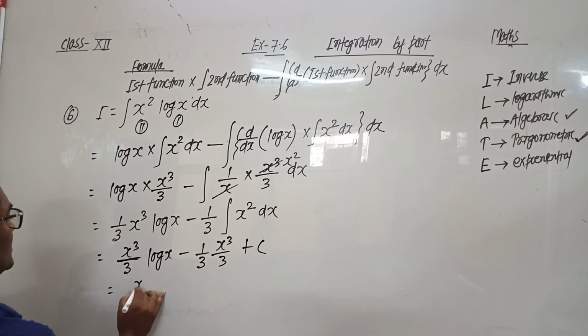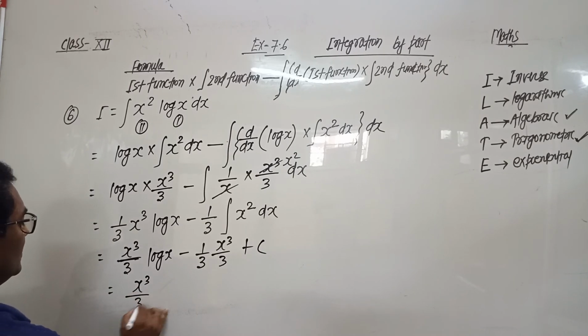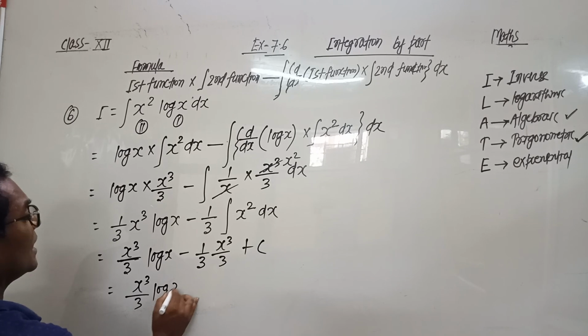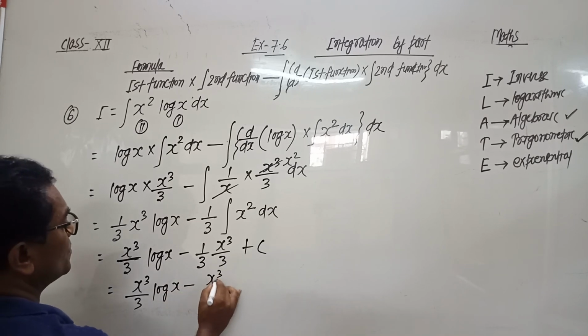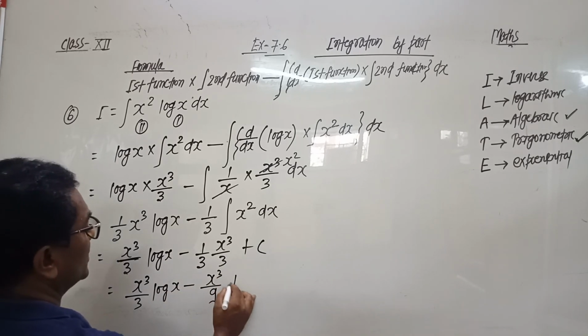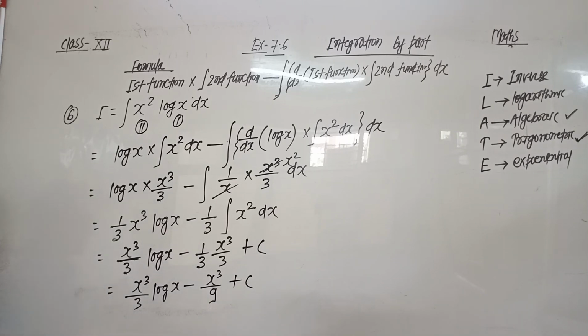So x cube by 3 log x minus x cube by 9, 3 into 3 is 9, plus c. So the result is x cube by 3 log x minus x cube by 9 plus c.